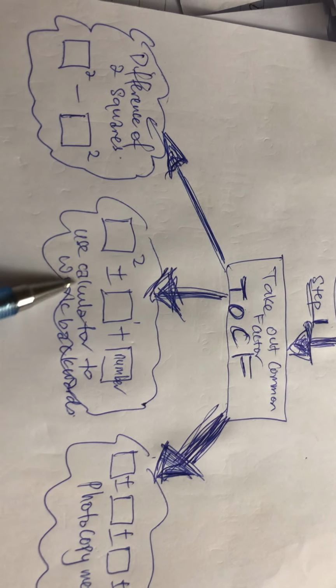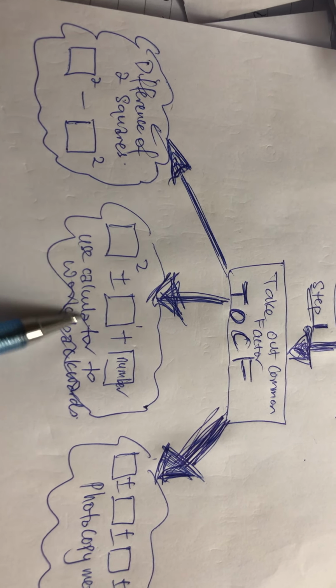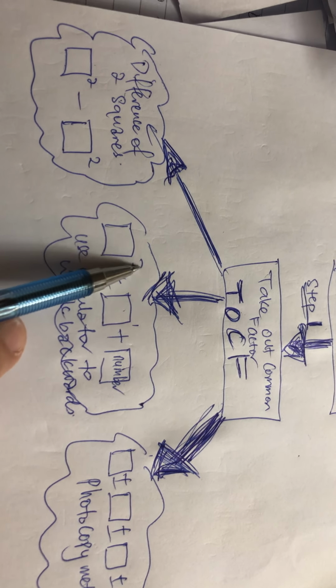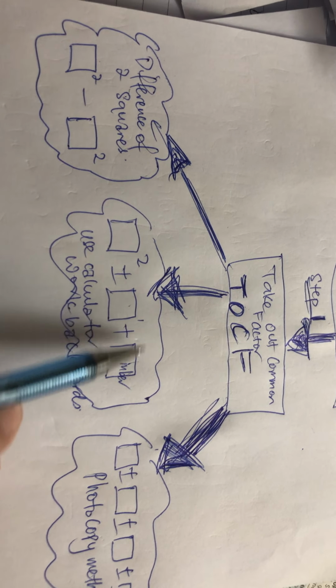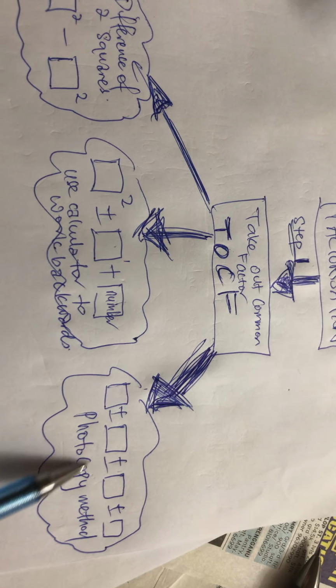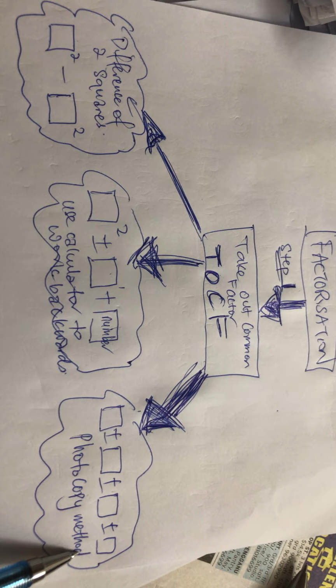Whereas for working backwards using the calculator or the cross method, you have 3 things: power 2, power 1, and a number. When it's 4 things, then you use the photocopy method that you learned in Set 1. Now let's look at another question.